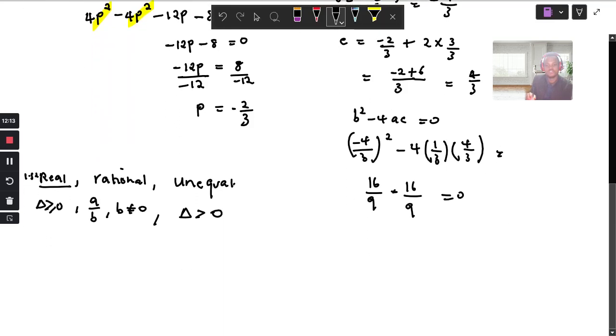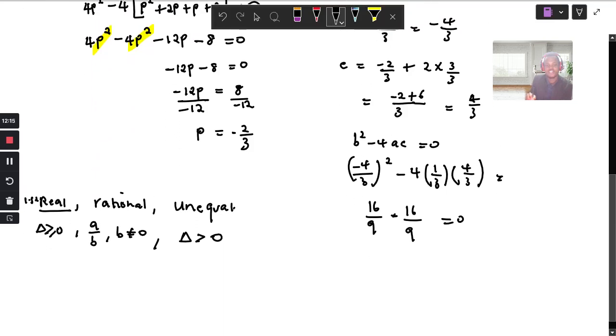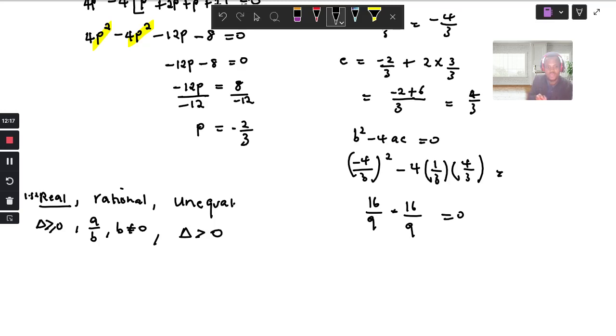So first thing first, we know that if p is equal to minus 2 over 3, it gives us equal roots. That means we need to find something that is greater than 0, because this one gives us something equal to 0. Meaning we should find something either less than this or greater than this, but provided that it won't be equal to minus 1. Okay?